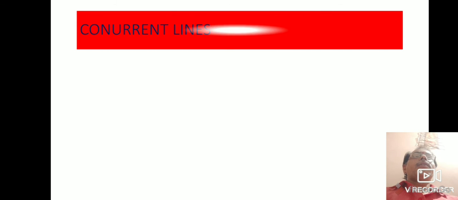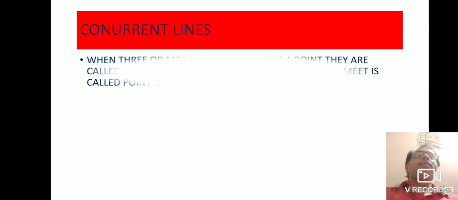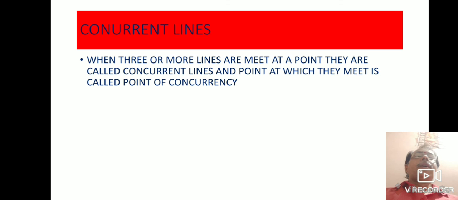Intersecting lines. Now one more important concept, concurrent lines. See the definition. When three or more lines meet at a point, they are called concurrent lines, and the point at which they meet is called the point of concurrency.